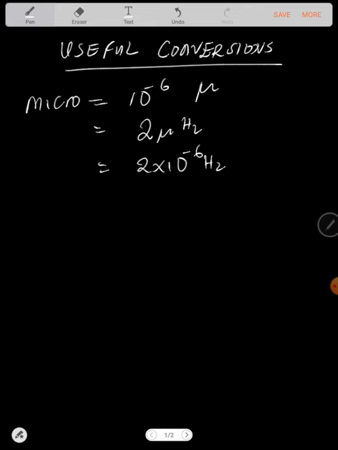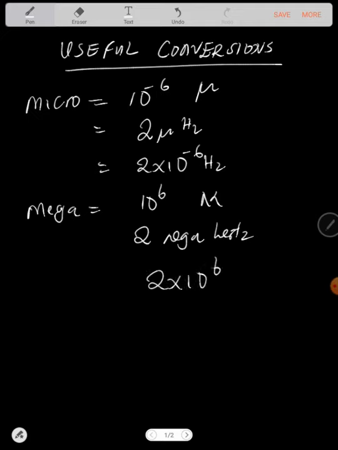Another one is mega. Mega means 10 to the power 6. The symbol is M. If I say I have 2 mega hertz, I mean 2 times 10 to the power 6 hertz.